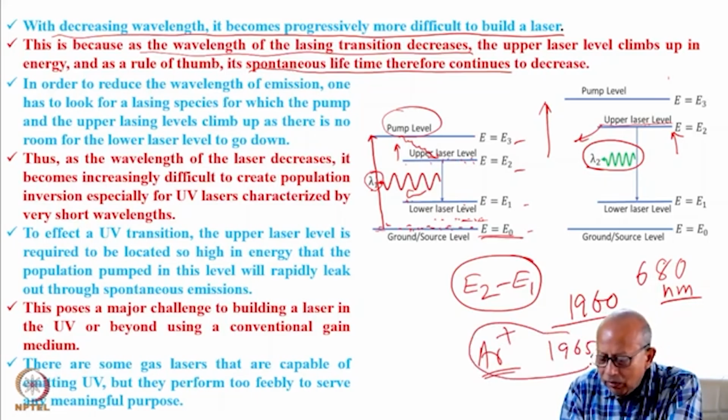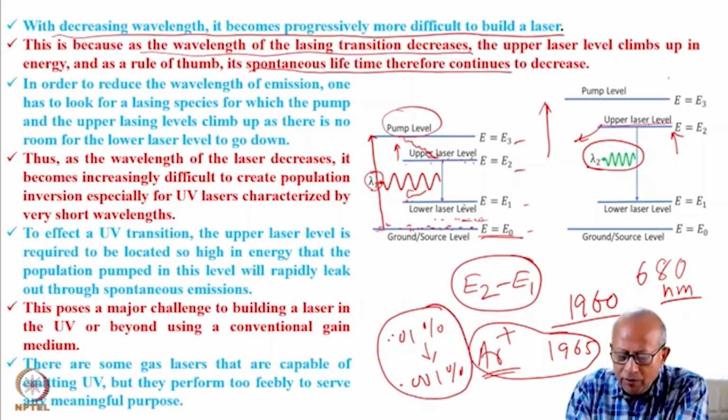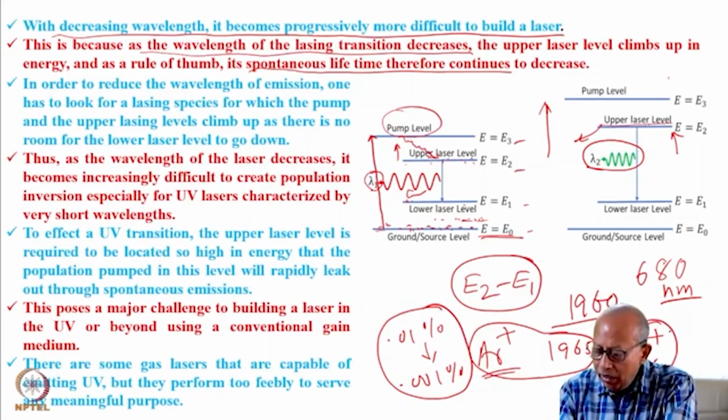But the argon ion laser, or any ionic laser, has very small operating efficiency, 0.1% to 0.001%, very low efficiency. That is because the active medium here is an ion. It is not a neutral atom. So you have to consume a lot of energy in making these ions from the neutral atoms. We have of course studied this.